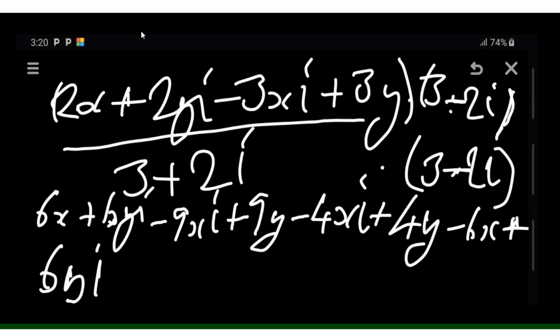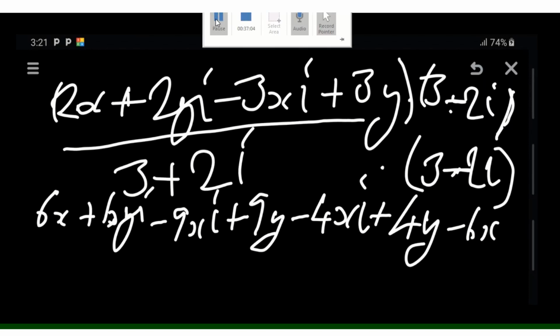Let me go back, I will check this one. So I'll say 3 plus 3 multiplied by, yeah, it's plus 6yi, and here minus. Something might be wrong here.